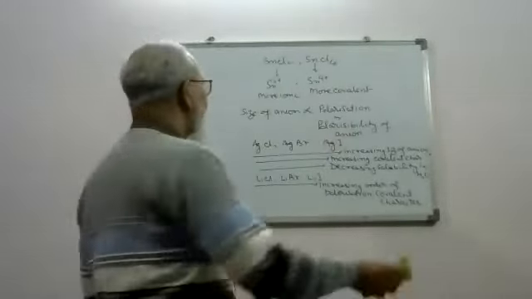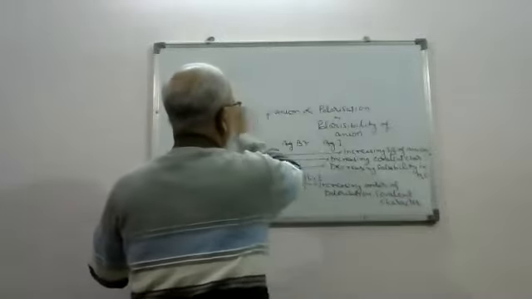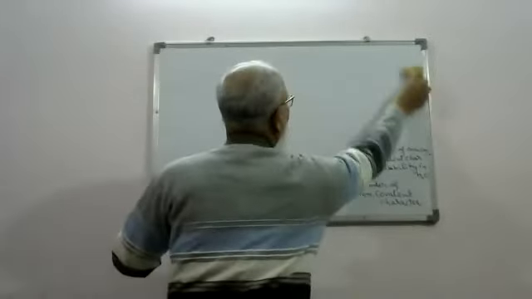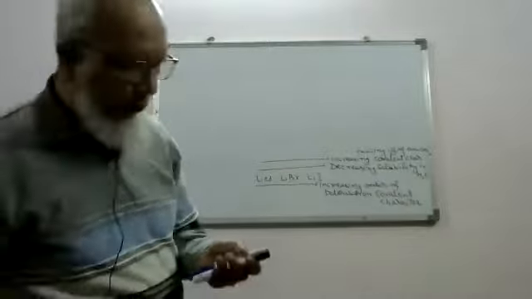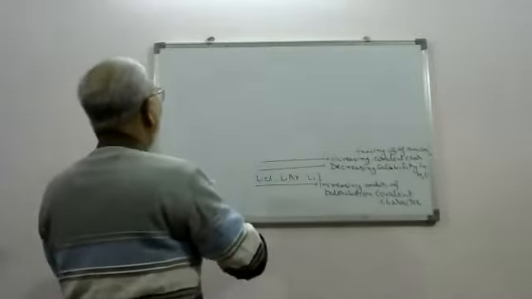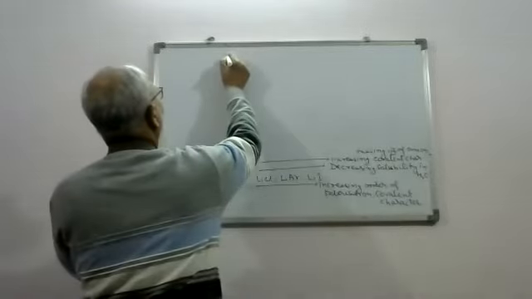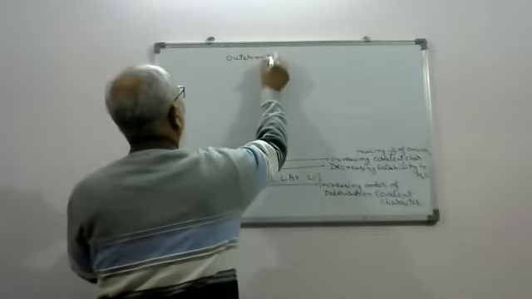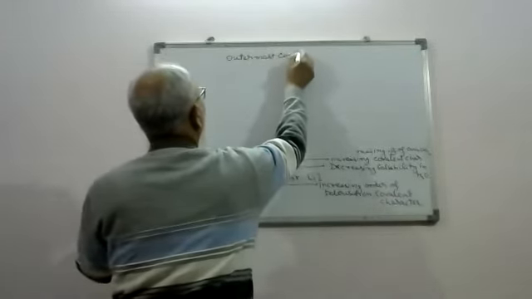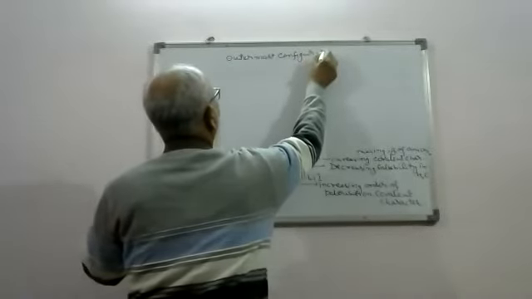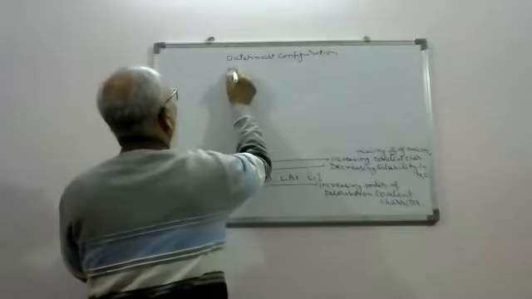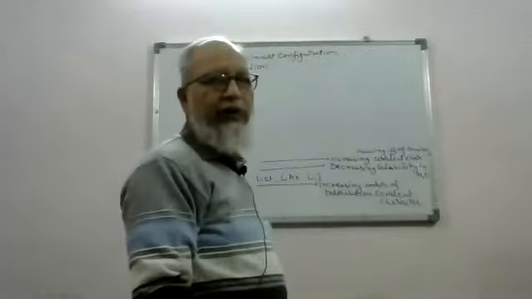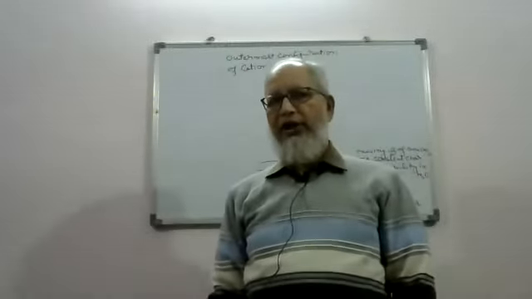Now another factor which affects the polarization is the outer configuration of the cation, which you may also say the valence shell electronic configuration of the cation.